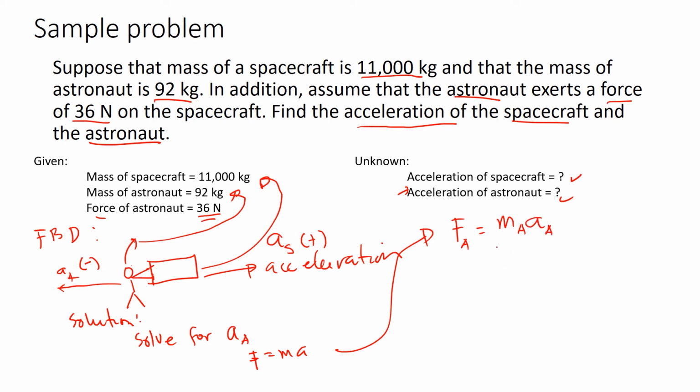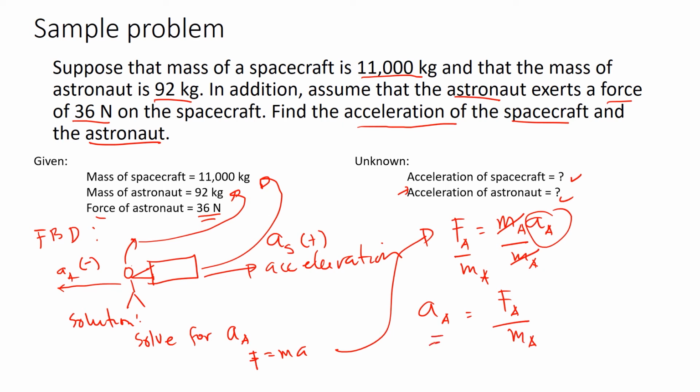So cross multiply, divide both sides of the equation by m. So this will be cancelled out. So the remaining variable here is a. So a sub a is equal to f sub a over m sub a.